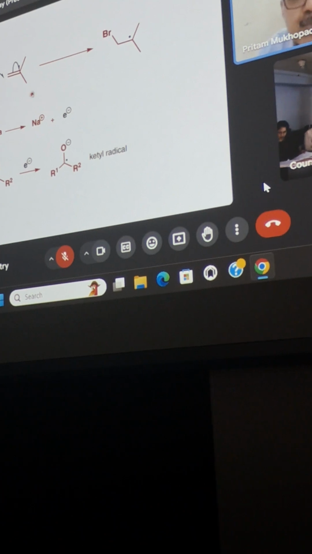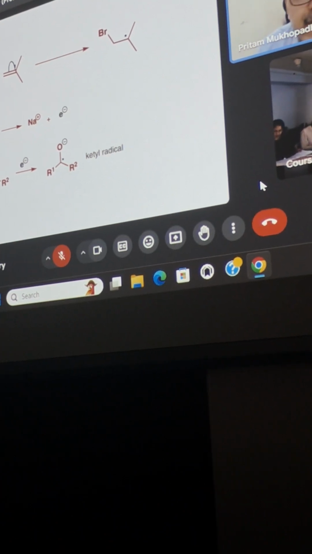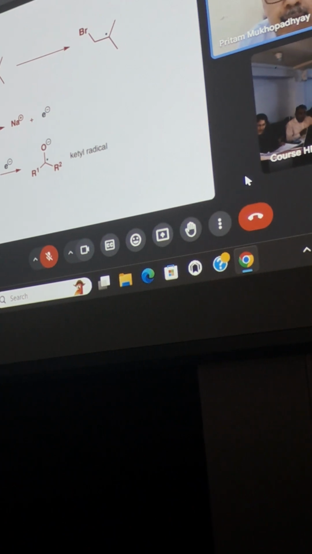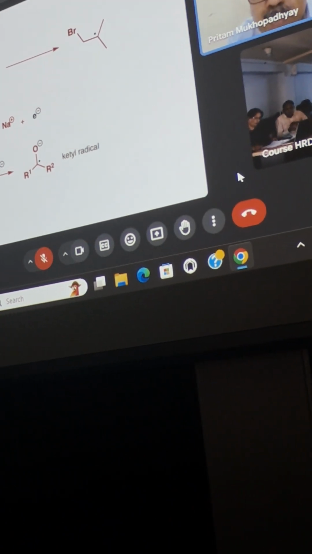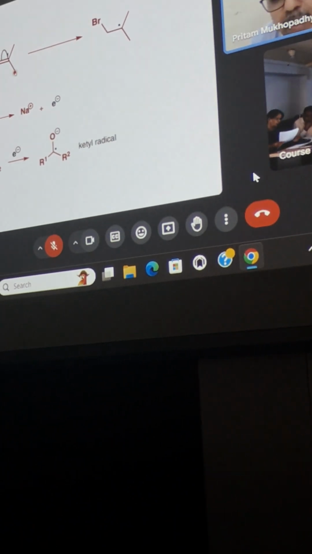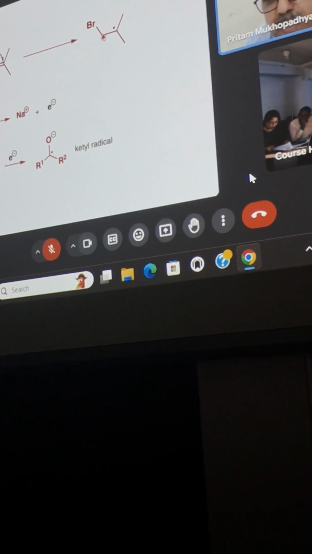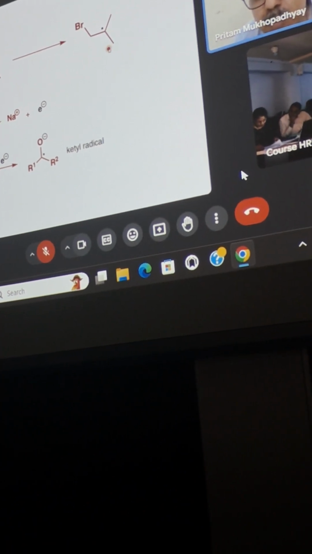Now the question is that this bromine free radical is adding to this position, but this bromine is not getting added to this position. So this will be called a regioselective product. Bromine is added over this moiety, and this is the major product.